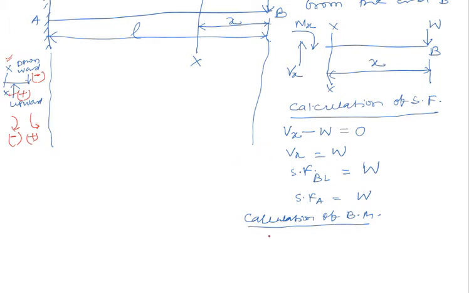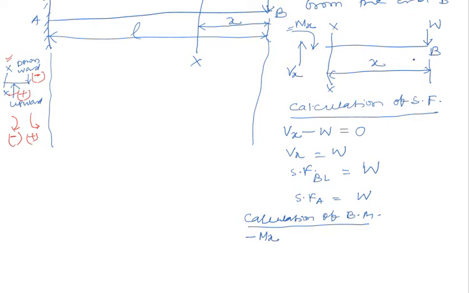So let's calculate the bending moment. At the free end, the bending moment is Mx, and the direction of the bending moment is clockwise, so minus Mx, because this is clockwise. We have to calculate the total algebraic sum of bending moment.